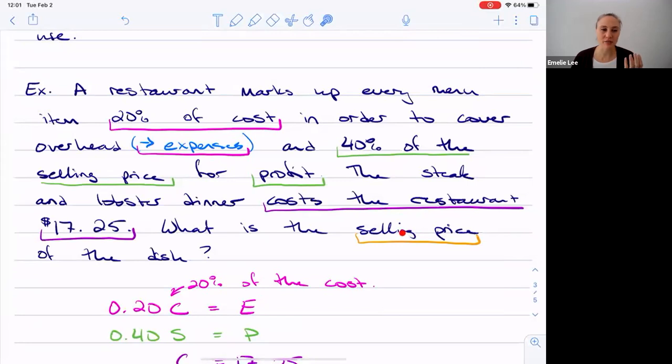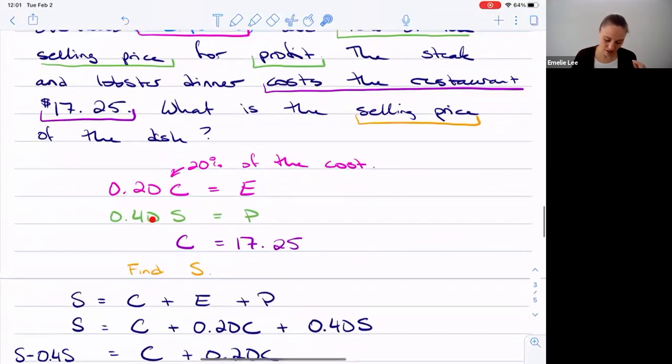So an extension of that would be, what is the profit on this thing? Well, we already established that the profit is 40% of the selling price. Now, just as a side note, what is our profit? Usually that's something we're interested in.